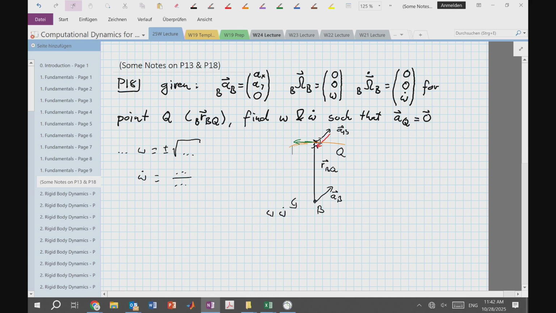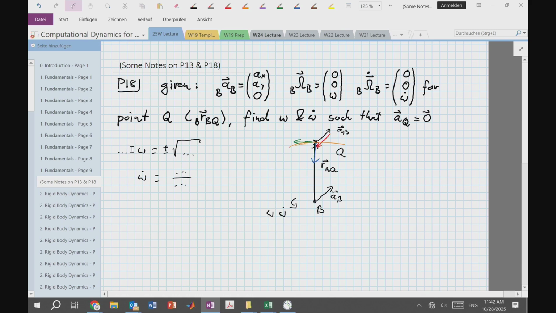How does omega influence the acceleration that this point sees? It is moving, at least momentarily, on an arc or in a circle around this point B. So it sees a centripetal acceleration. Without acceleration, the point would move in a straight line, but it's moving on a circle, so it has to be continuously accelerated towards point B, which is this expression here. This is a centripetal acceleration, and that depends on the square of the angular velocity.